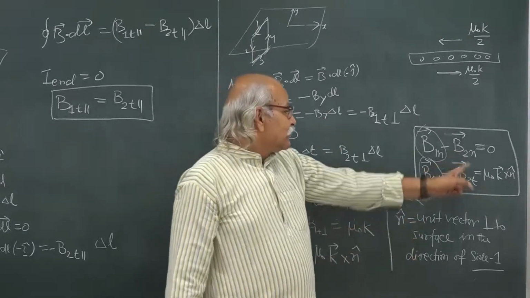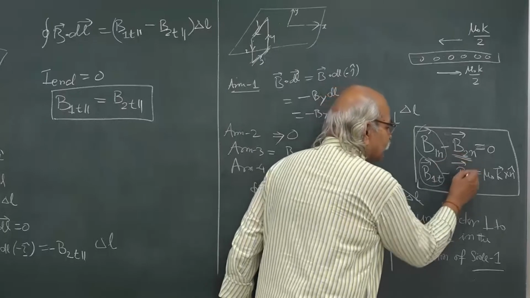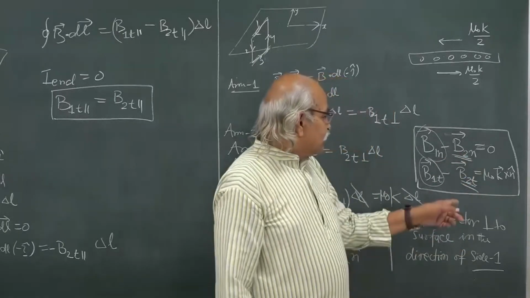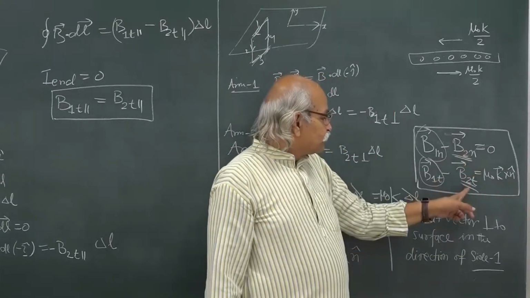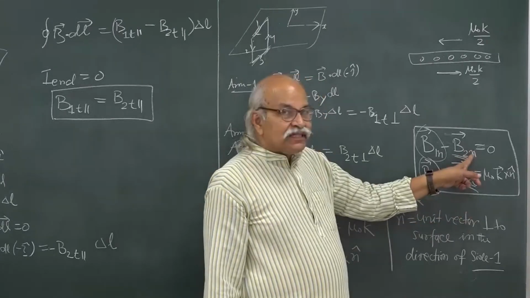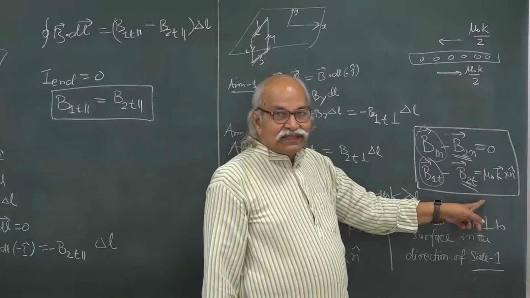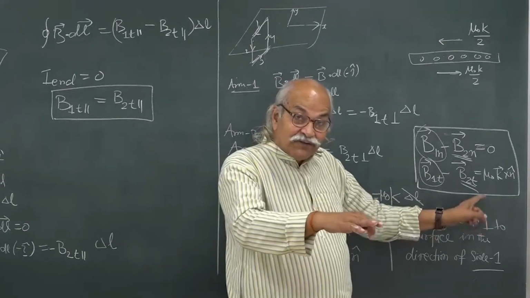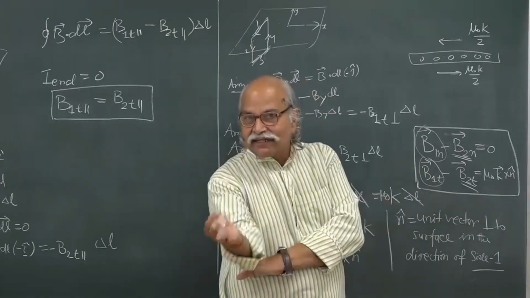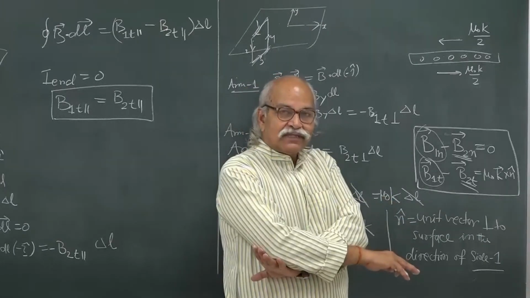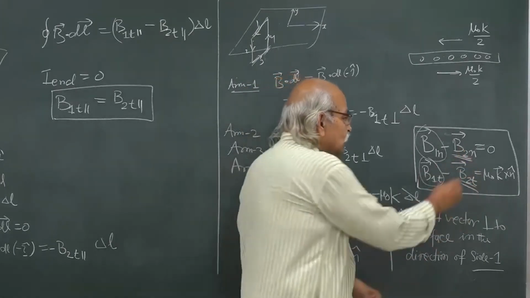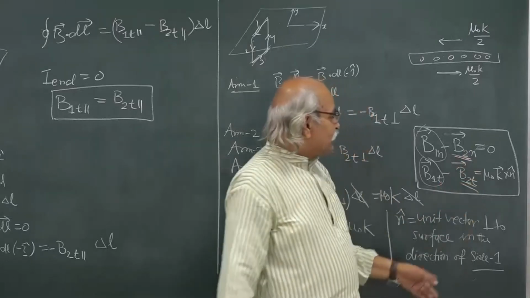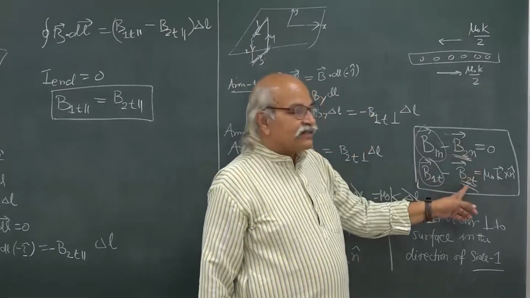Similarly for side 2, the normal component of B2 and the tangential component, which is now the resultant tangential direction, can have a component parallel to the current and perpendicular to the current. When you add these two, you get the resultant B2 vector.